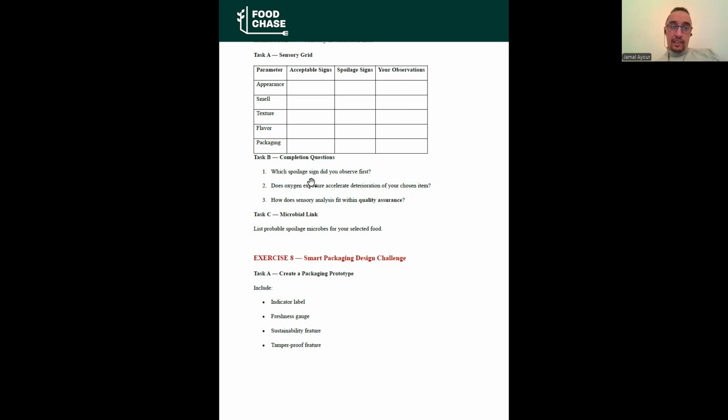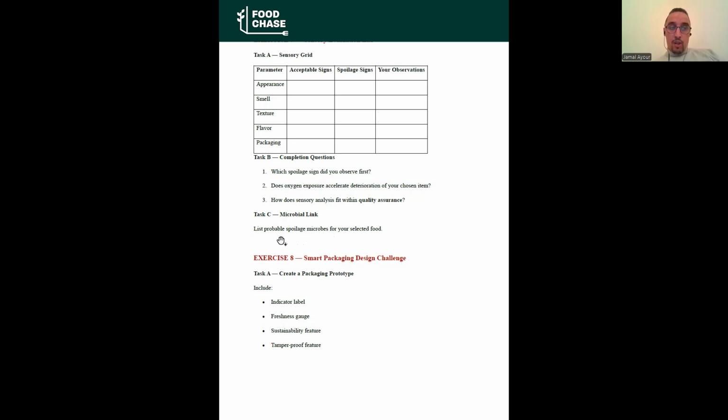For task B, the complication question, which asks which scene appeared, for example, the main one that causes the spoilage, is a direct question. For task number three, or task C, microbial link, the objective is to identify the spoilage microbe.